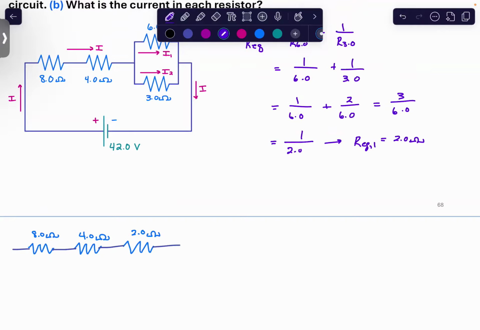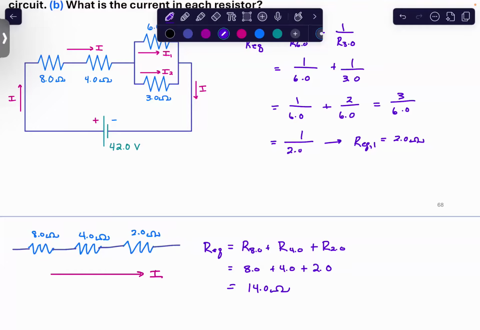And now the equivalent resistance, so now they all share the same current. And so it's going to be 14 ohms.